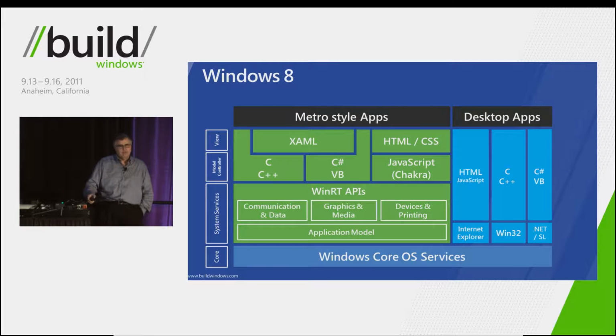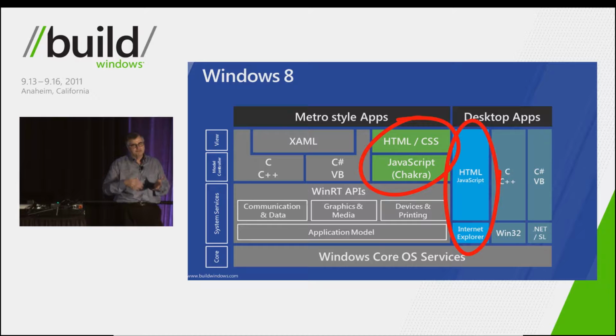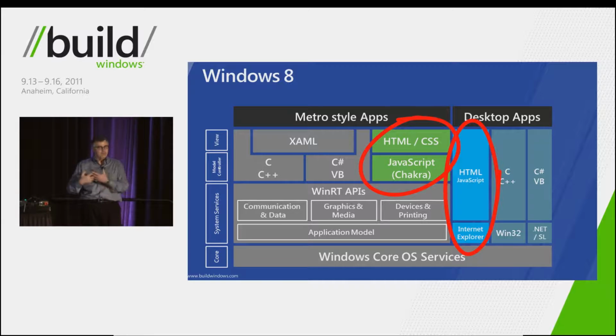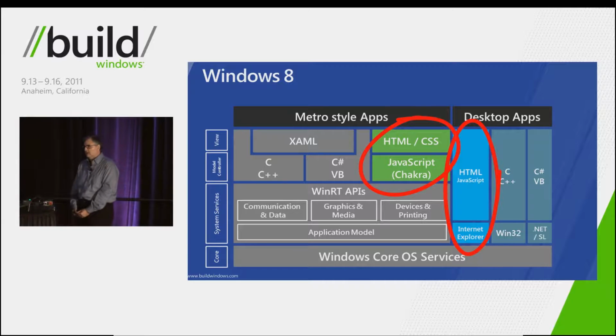Well, putting everything in context, you've seen this chart before where we've got different ways to code Metro-style apps, different ways to code desktop apps. Of course, we're focused on those pieces right there in green and blue, the HTML and CSS and JavaScript, whether that's in the browser on the desktop, or whether it's in the browser in the Metro-style browser, or whether it's in a Metro-style app coded with these technologies.